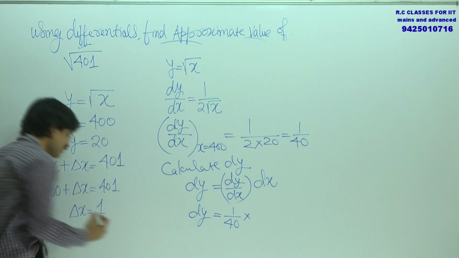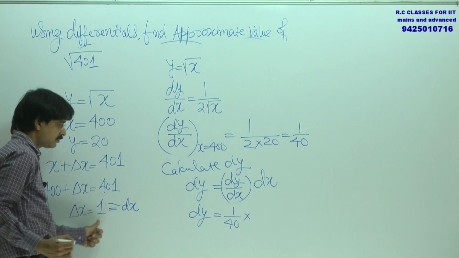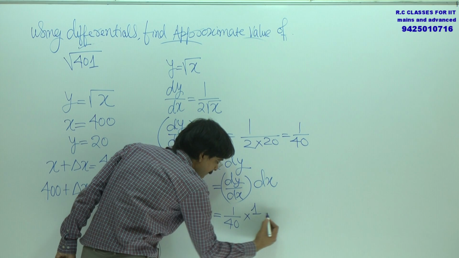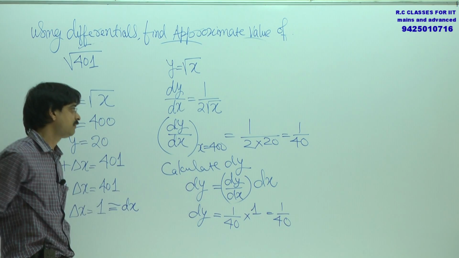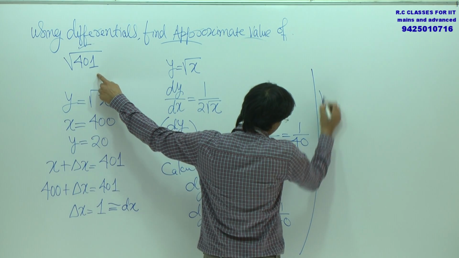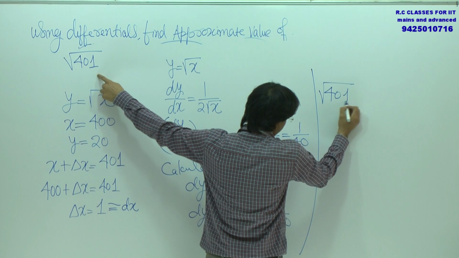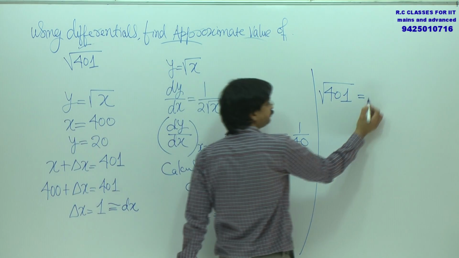That delta x is coming as 1, which is clearly equivalent to dx. So that dx is 1. So you are getting the value of dy there. We want to find root over 401. So root over 401 is nothing but y plus delta y.